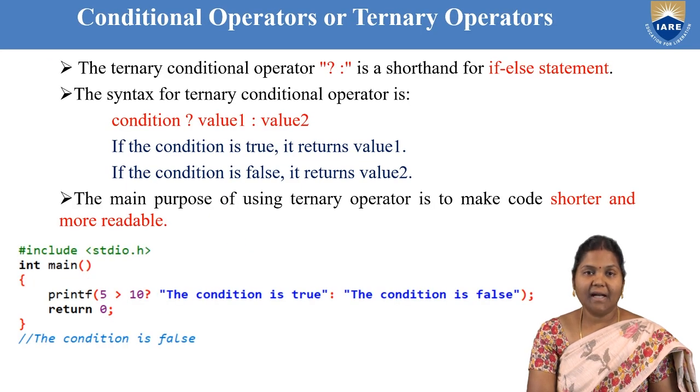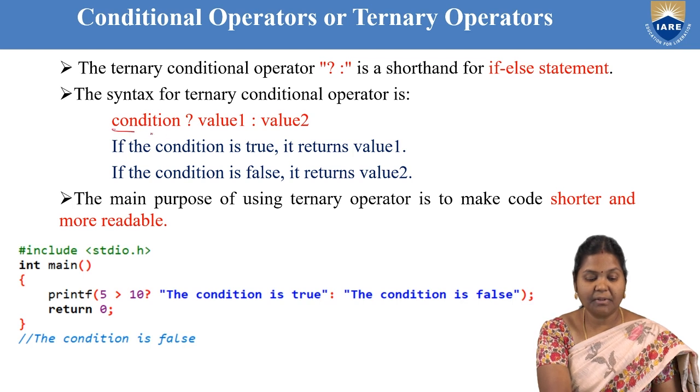Then the next category of operator is called the conditional operator or ternary operator. The ternary operator is a shorthand notation for the if-else statement. The syntax of the ternary operator says that first you have to take one condition. The condition will always evaluate to true or false.